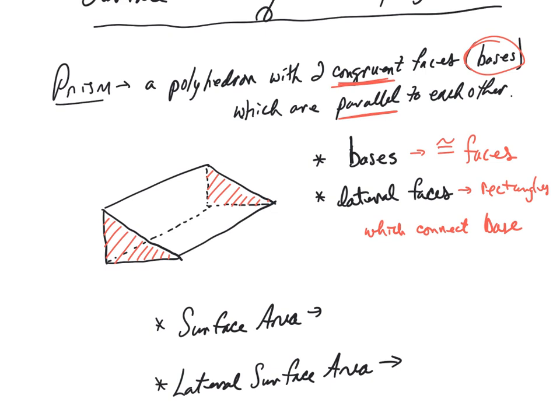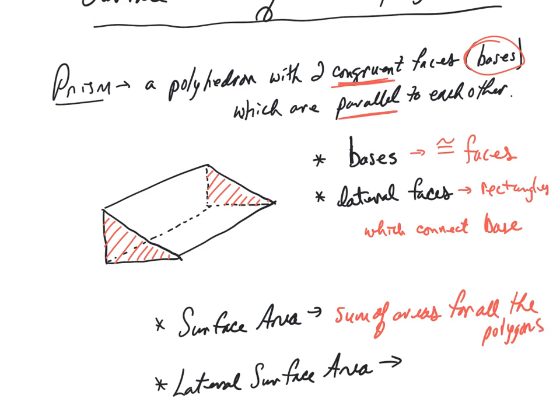So those are called lateral faces. Now, the two measures we're going to be looking at are surface area and lateral surface area. Whenever you say just surface area, we're going to find the sum of the areas for all the polygons that make up a prism. Okay?